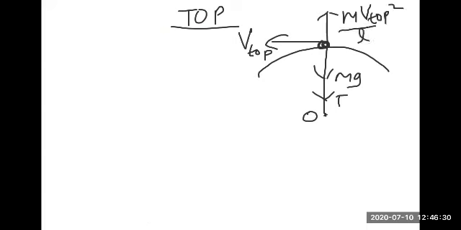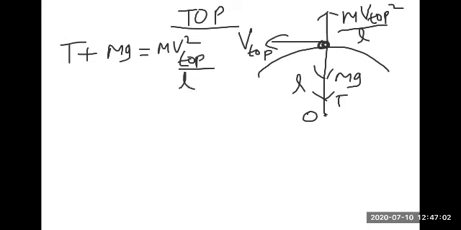Radius is nothing but the length of the string, L. Here we are observing three forces: tension, weight, and centrifugal force. So using that, I can write tension plus weight is equal to m v top square by L.